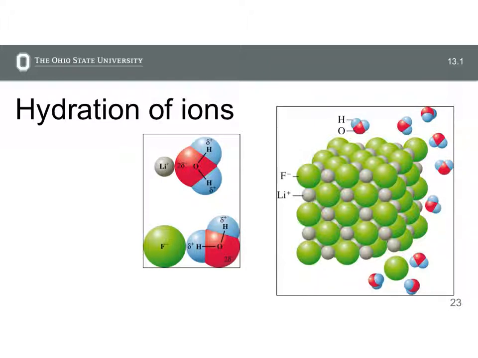And eventually, as it's sort of showing down here in the bottom right, enough water molecules will surround an anion or cation in a proper orientation so that it will actually be drawn more towards the water, and that solute-solvent interaction will be greater than the interaction of the solute by itself or the solvent by itself.